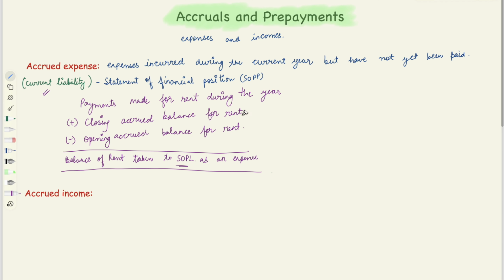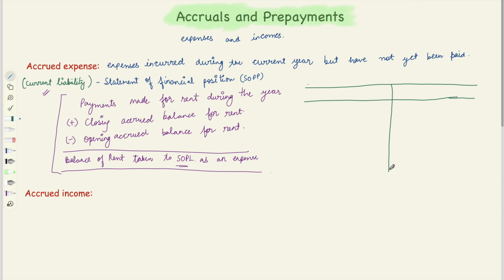Okay, this is how you do it in a proper format. Let's learn how to do it in a ledger account format too. Now if I have to prepare a ledger account, because sometimes you might have to prepare ledger accounts as well. Now opening accrual, I told you, is my opening liability, and liabilities always have a credit balance.